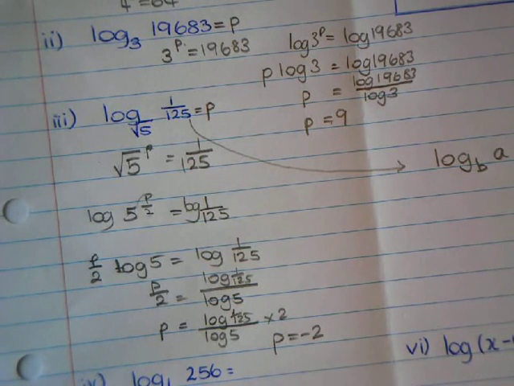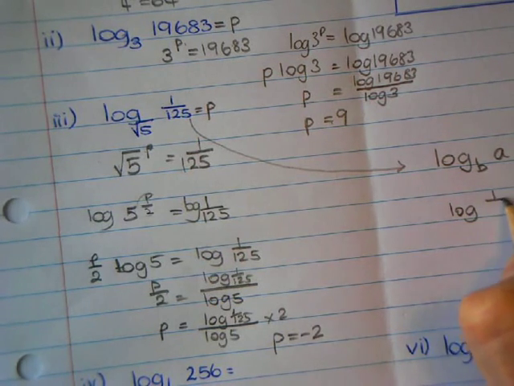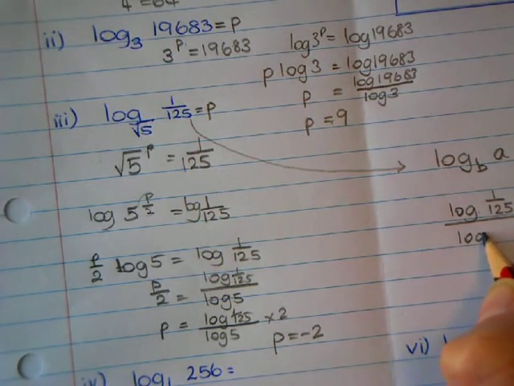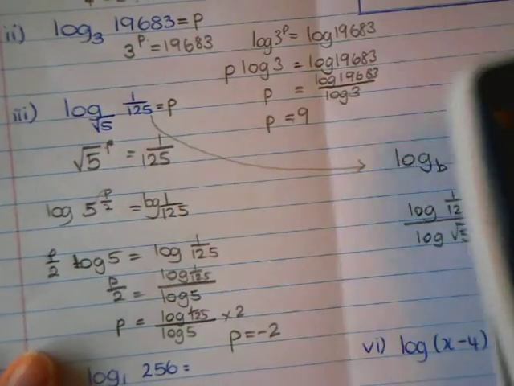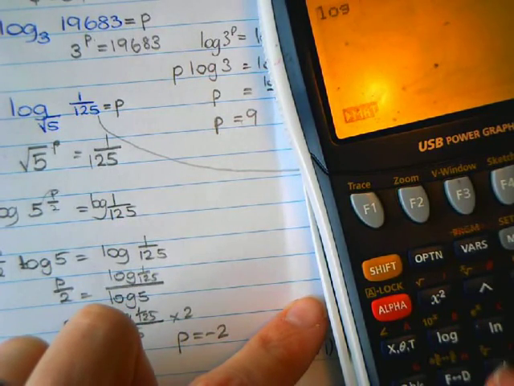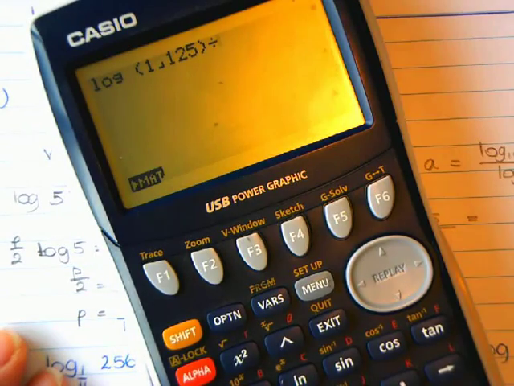What that really means, and it's a lot quicker, is log 1 over 125 divided by log of the square root of 5 equals, and it'll give us the answer. Let's see that again: log 1 divided by 125, divided by log square root of 5, equals -6. A much quicker way of doing it.